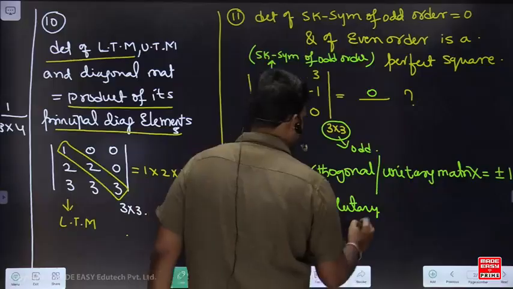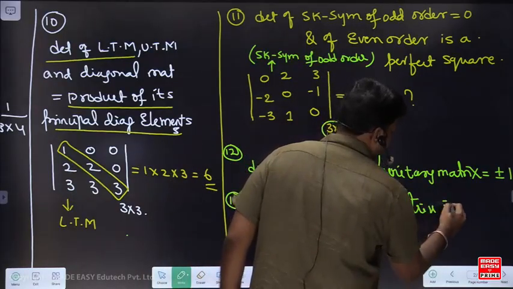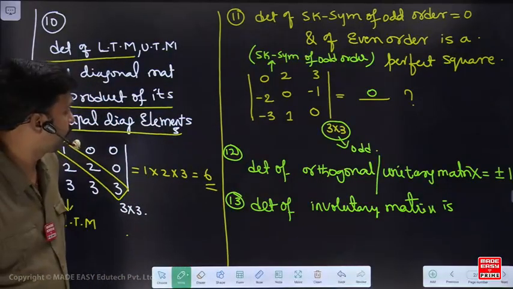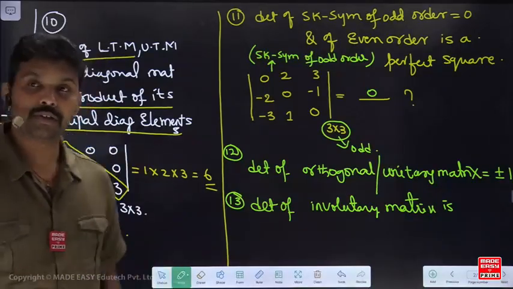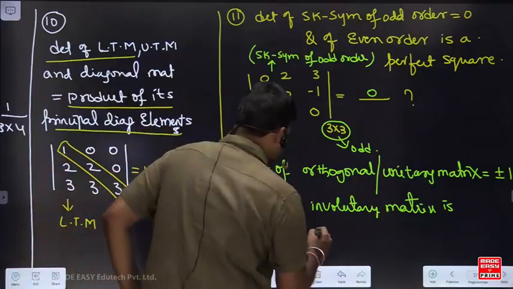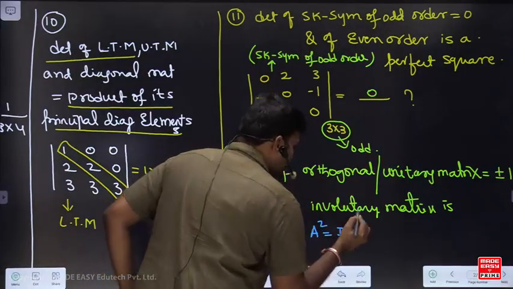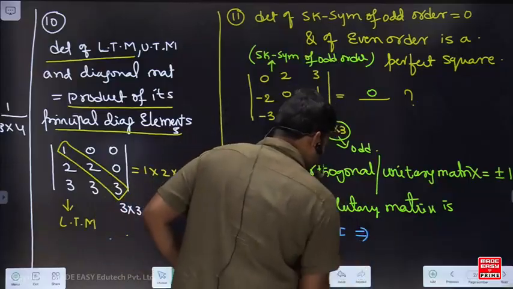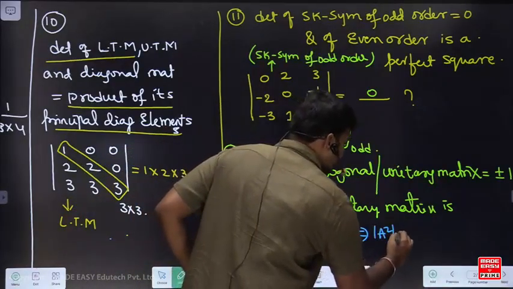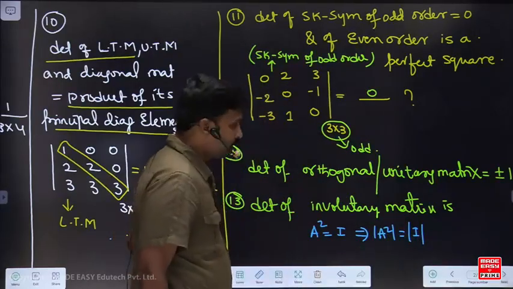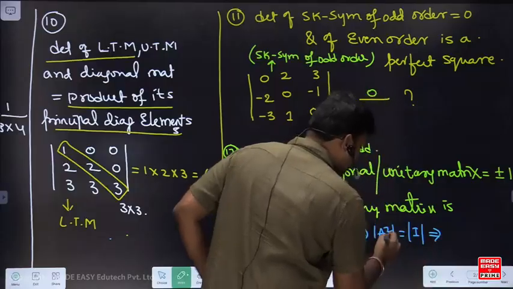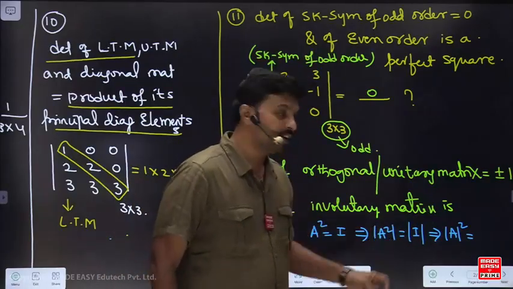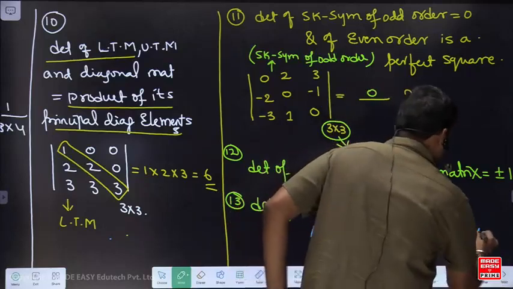See, let's do it quickly beta. What is an involutory matrix? A squared is equal to I, right? This is the involutory matrix here. Now take mod on both sides, then mod A squared is equal to mod I. Mod A squared can be written as mod A whole squared is equal to mod I. The determinant of the identity matrix is 1.